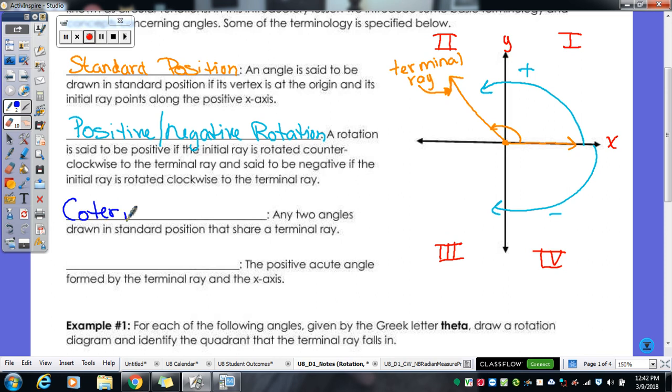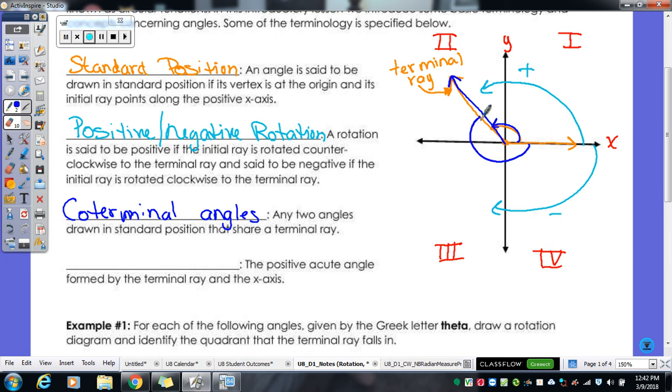Our next one is what we call coterminal angles. That involves your terminal ray side of your angle. So as I said, this side right here is my terminal ray. So we have one angle that goes this way.